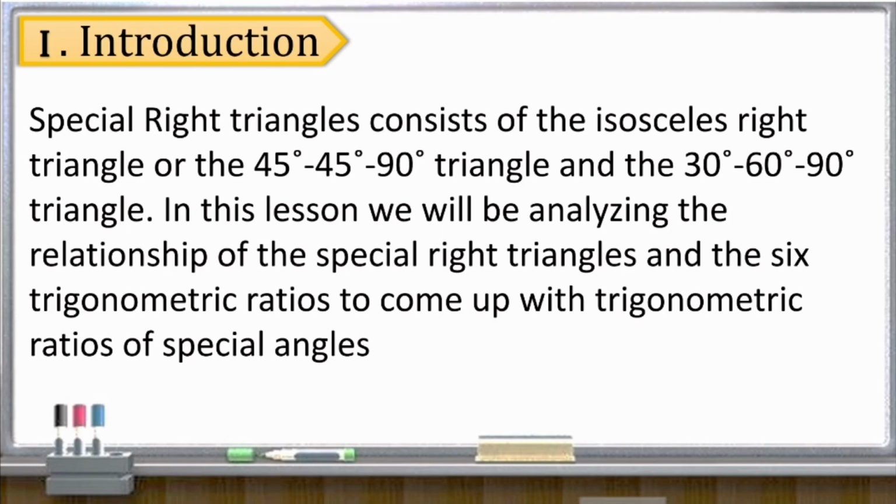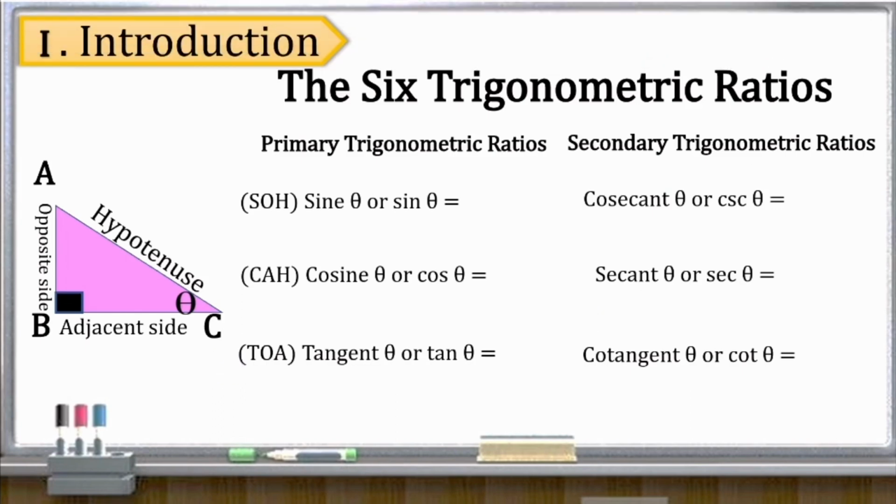So, isa-isahin natin ulit class yung ating 6 trigonometric ratios. So, para sa ating primary trigonometric ratios, sine theta is equal to opposite over hypotenuse. Cosine theta is equal to adjacent over hypotenuse. And tangent theta is equal to opposite over adjacent.